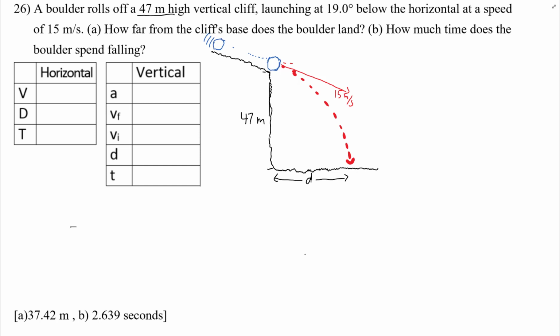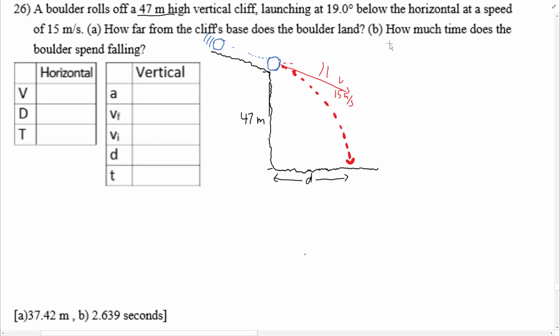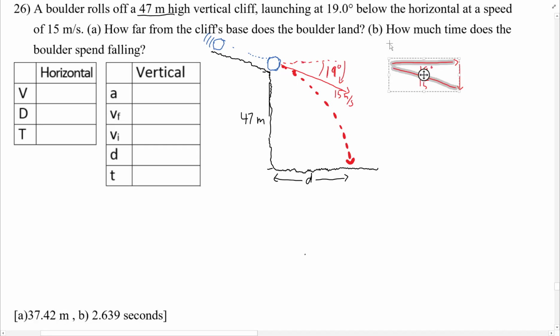First of all, before you start filling in the table, we've got to get the horizontal and vertical components of that velocity. So let's bring back some numbers here that I erased. There we go.